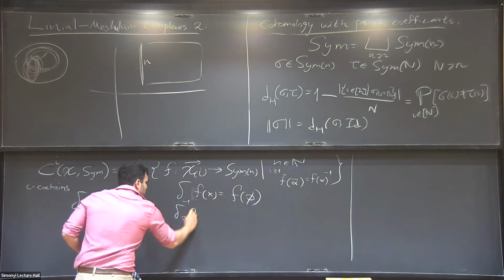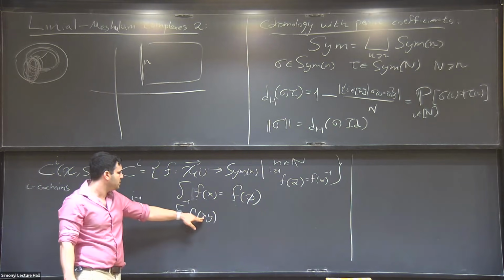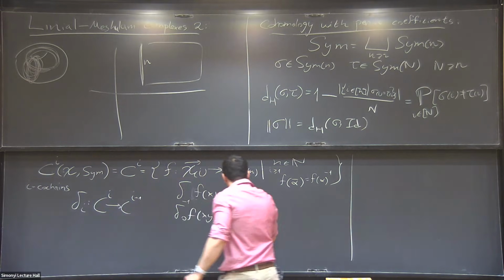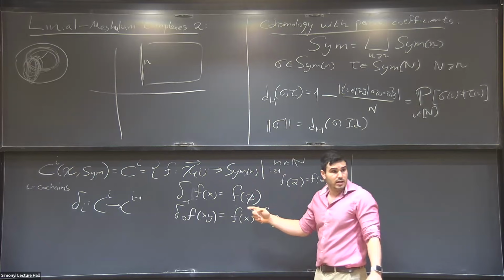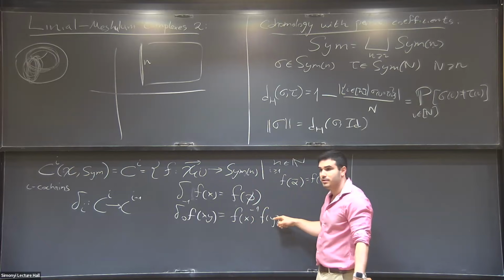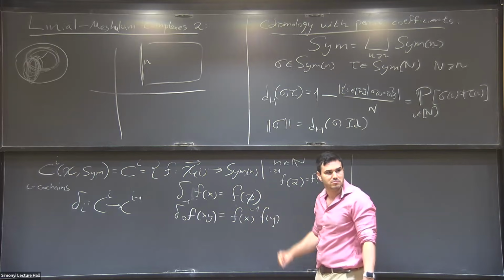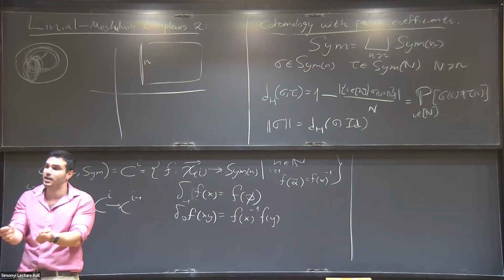What was delta 0 of xy? So notice now this is an oriented thing. And this will be f of x inverse f of y. And check that indeed f of x inverse f of y is the inverse of f of y inverse f of x, right? So that's okay, it's anti-symmetric. The image is actually in C1.